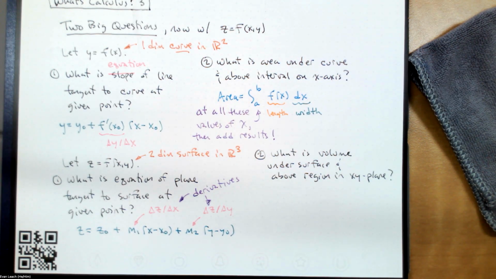So that's the adapted question. We're calculating a volume under a surface. When we say under a surface, we're going to have a bunch of XY. That's going to be some kind of region, some kind of area.